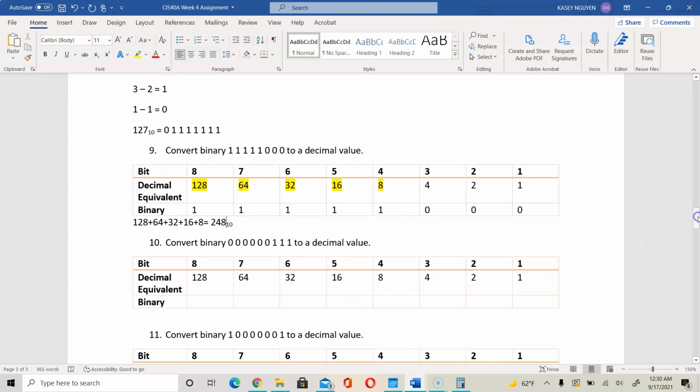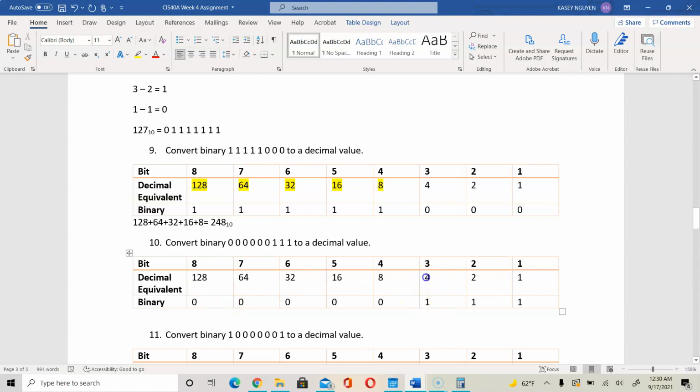Then the next question asks you to convert this binary value to a decimal. Just like what we did previously, we place this into the scale here. So that will be 1, and the scale is always going to be multiples of 2. And then the rest, we have 0, 0, 0, 0, and 0.